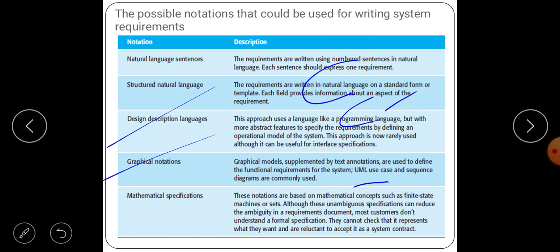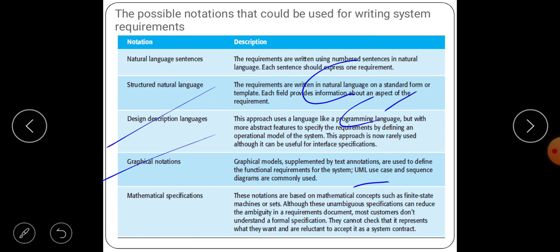In graphical notation, we are going to use UML use case or sequence diagrams, which are commonly used. What is meant by UML? UML is nothing but Unified Modeling Language. This will be explained in the next module. Okay, what is this UML use case model? That will be explained in the upcoming module.